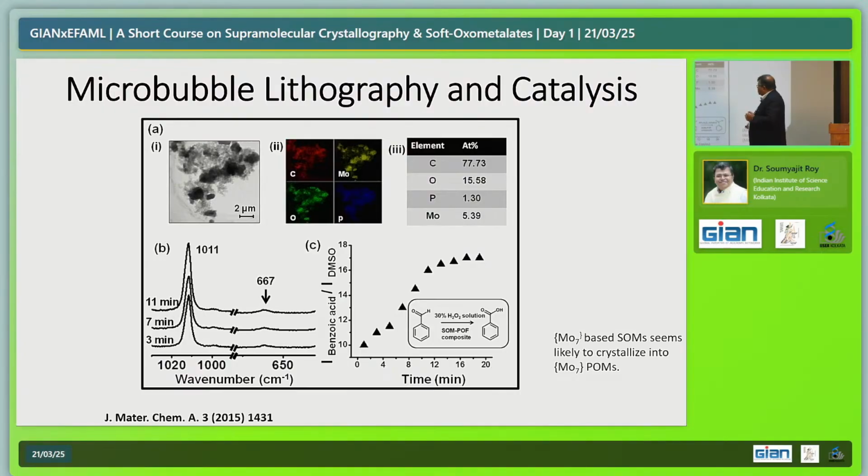Because we were studying benzaldehyde oxidation to benzoic acid, she was able to show that this peak, which is the signature for the benzoic acid, slowly increases, and it only increases on the trail. And if you go out of the trail, there is no reaction whatsoever. So that's why we called it site-specific reactivity.